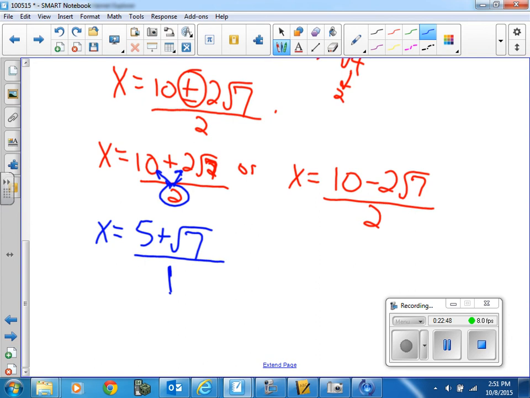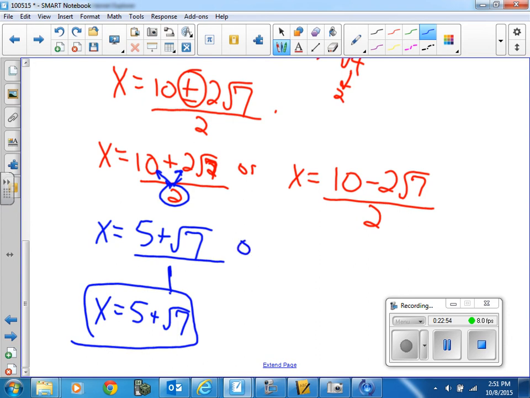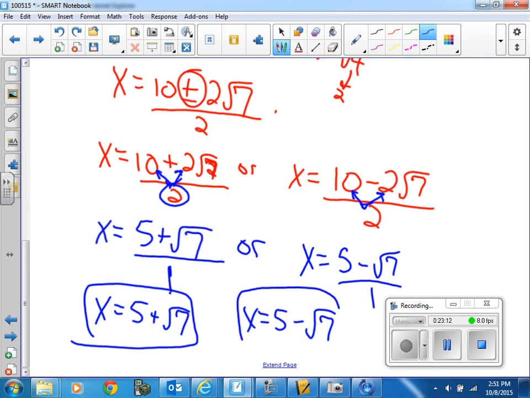So you probably see this as just 5 plus radical 7. Or over here, same thing, it's going to be 5 minus radical 7 all over 1, and typically you're going to see that as x equals 5 minus radical 7. All right, so there you go.